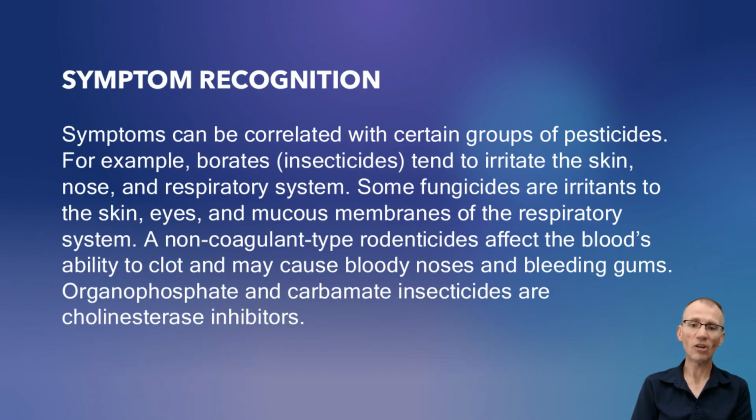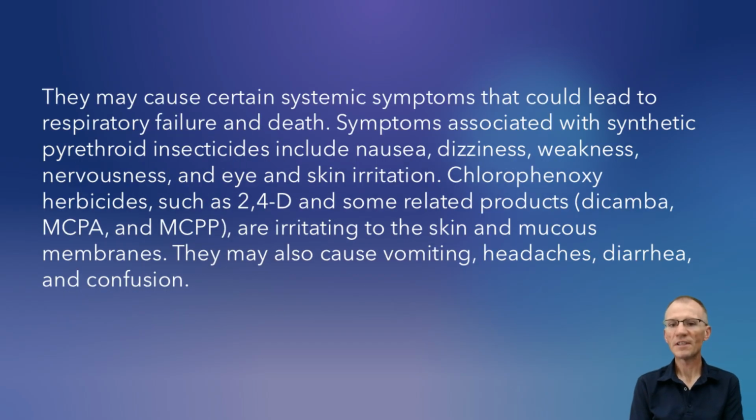But keep in mind, you need to understand each class of insecticide and the effects it can have, not just on the insects, but also humans and the environment. They may cause certain systemic symptoms that could lead to respiratory failure and death. Symptoms associated with synthetic pyrethroid insecticides include nausea, dizziness, weakness, nervousness, and eye and skin irritation.